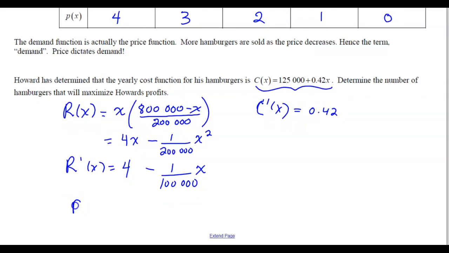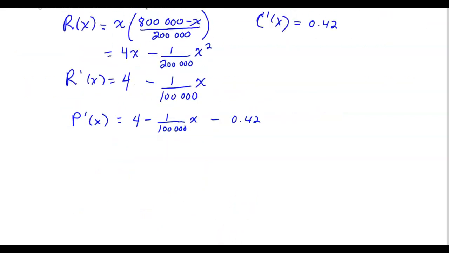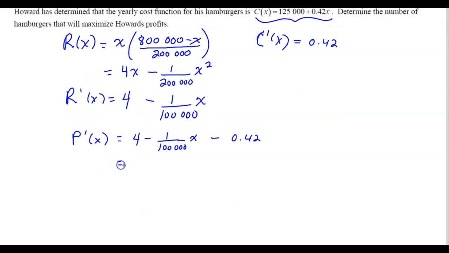So that means the derivative of our profit function will be the derivative of the revenue minus 0.42. So that'll be 3.58.